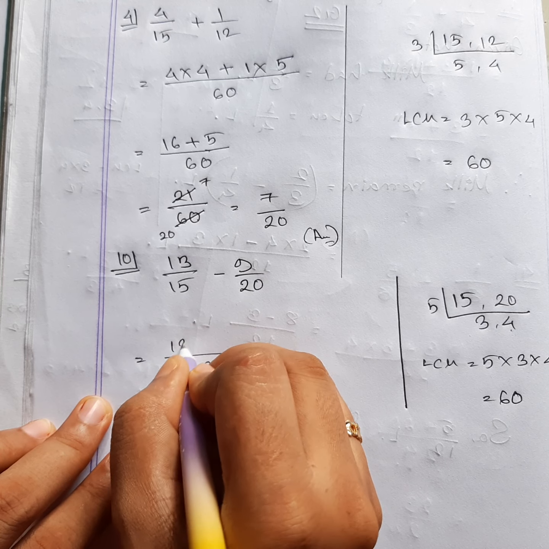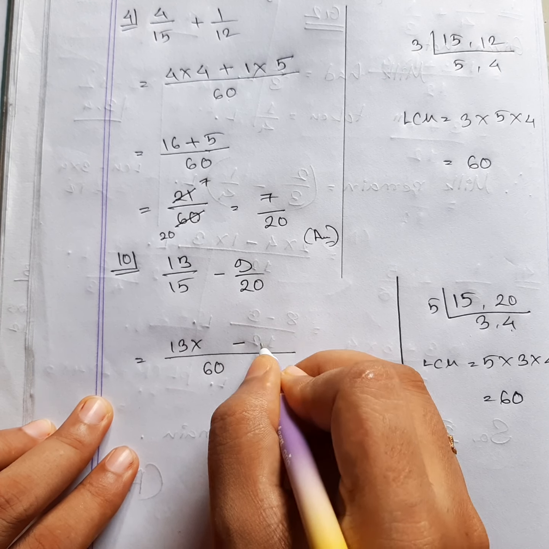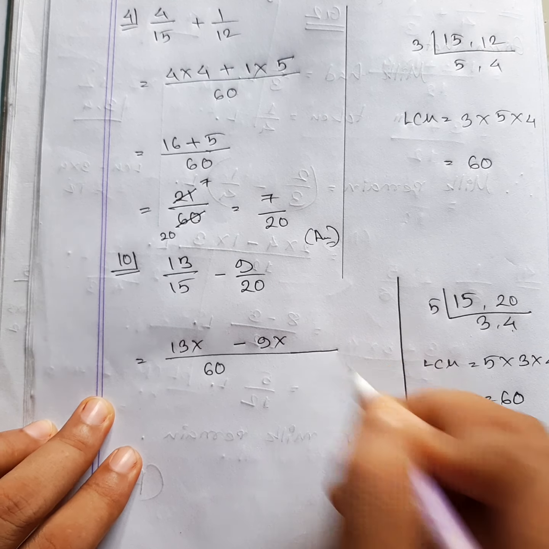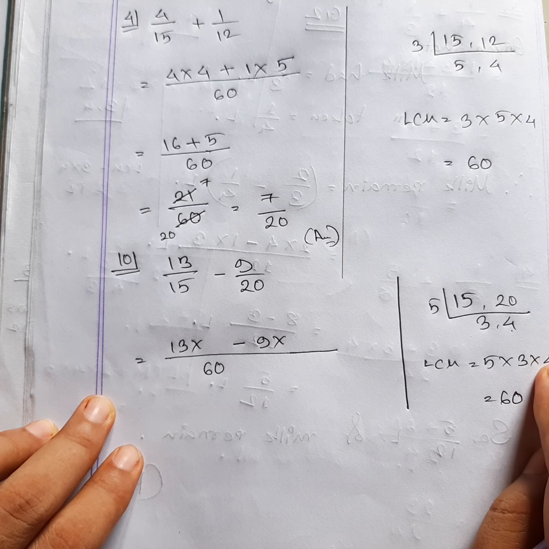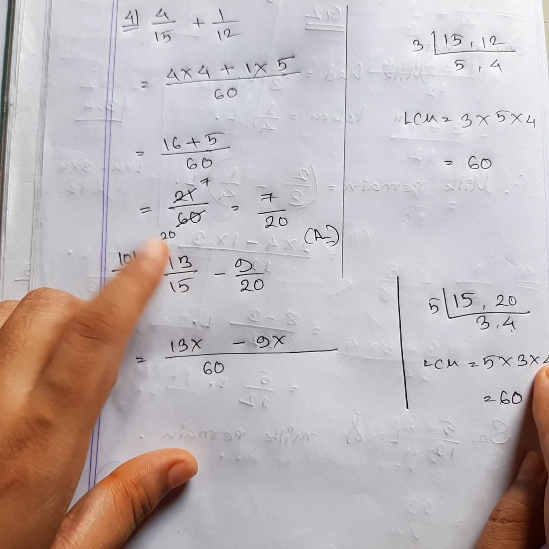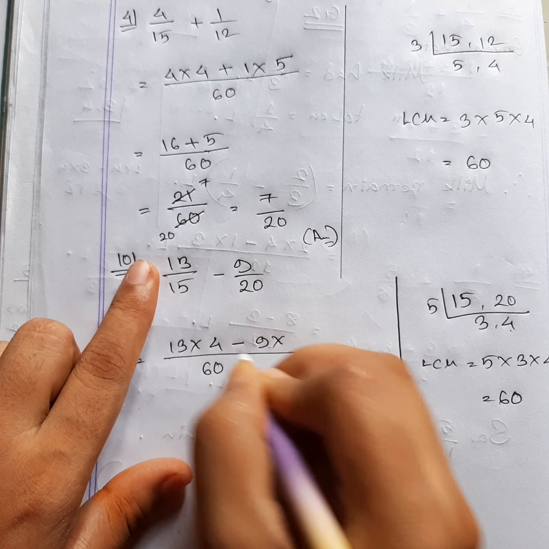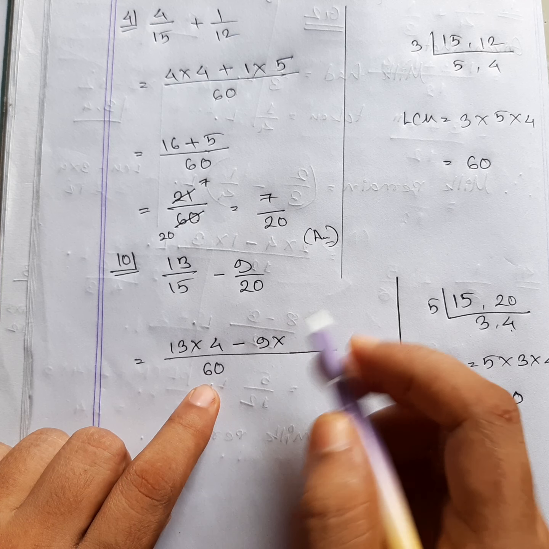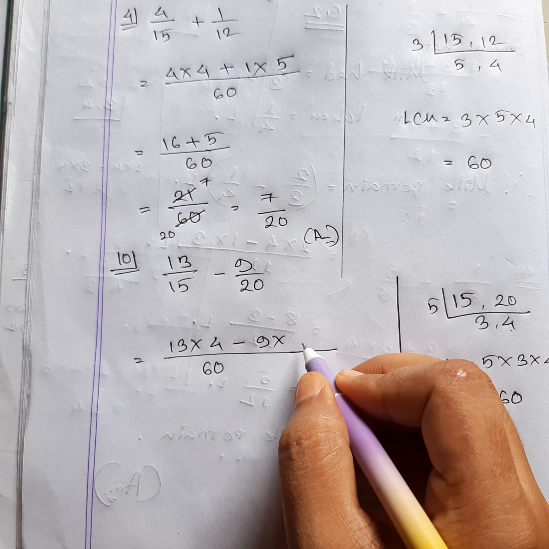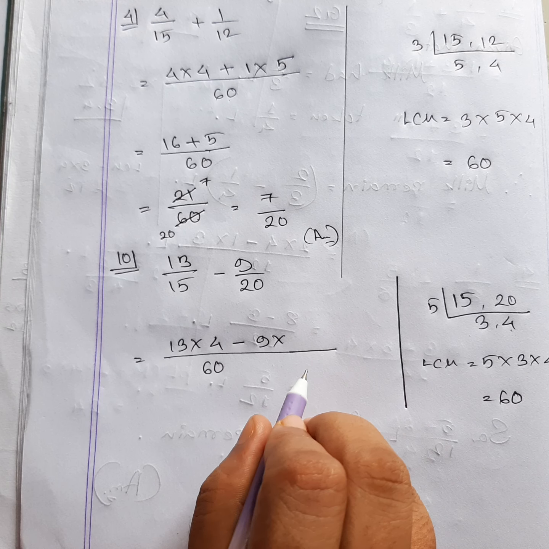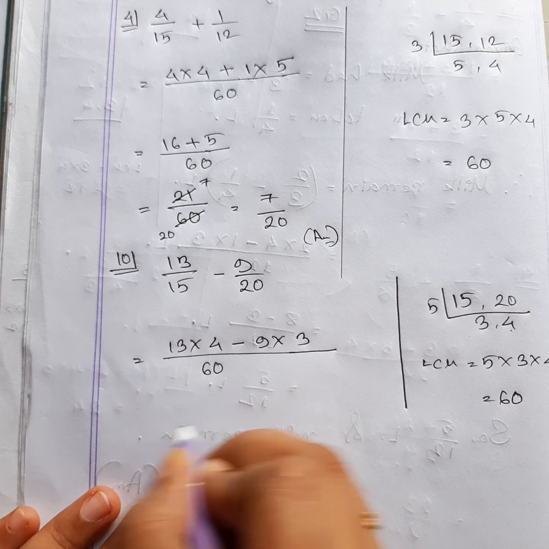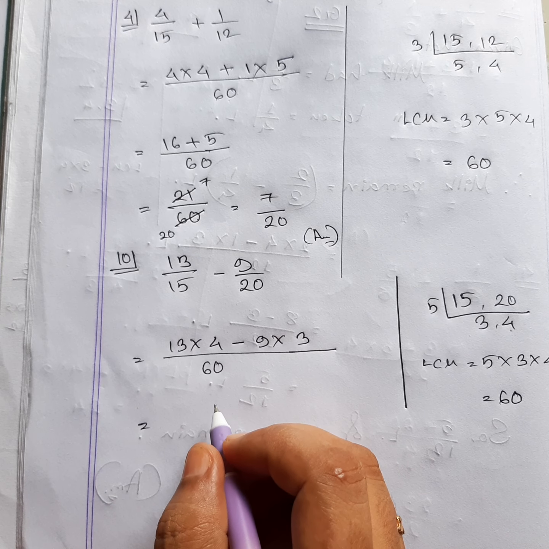Over here, 13 multiplication, minus, 9 multiplication, gap. Now we divide the LCM by 15, we get 4 as the answer, and multiply 4 with the first numerator. Then we divide the LCM by 20, the second denominator, and the answer will be 3, which we multiply with the second numerator. So just writing down the answer over here.